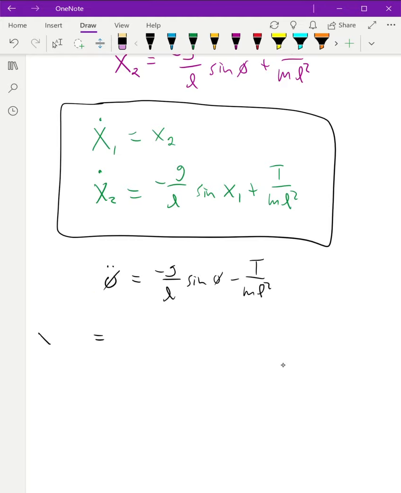Instead of seeing theta double dot as a second derivative of theta, we see it as a first derivative of like an angular velocity. So our angular velocity is theta dot, otherwise known as omega, right? Otherwise known as x2, right?